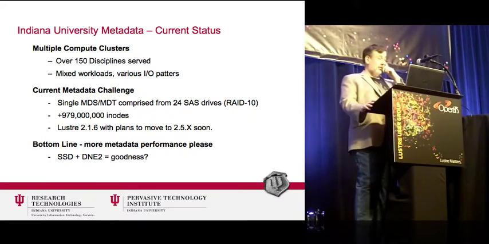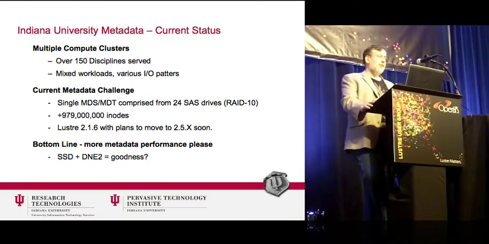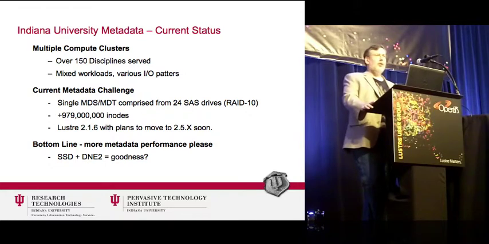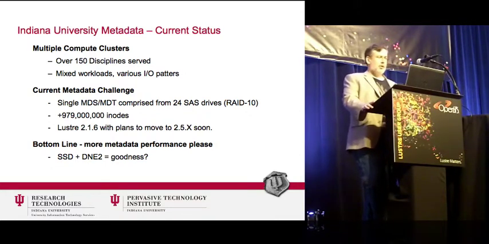Right now we have a single MDS MDT configuration, 24 SAS drives. We're approaching 1 billion inodes, and we're at 2.16 with intentions to move to 2.5. But we are very interested and curious about DNE2 and wondering if we could combine SSD with DNE2 and what might happen.